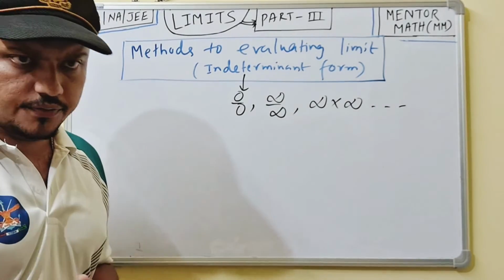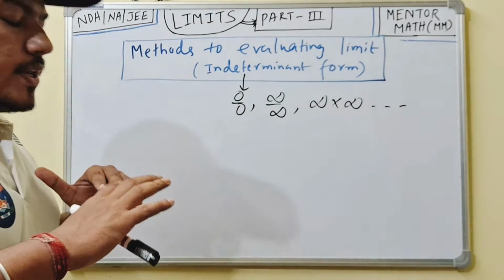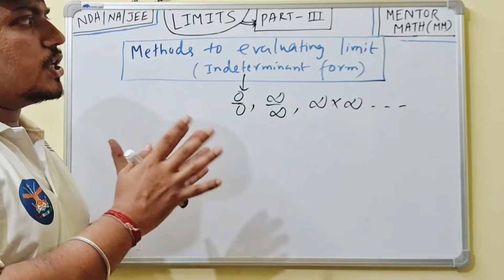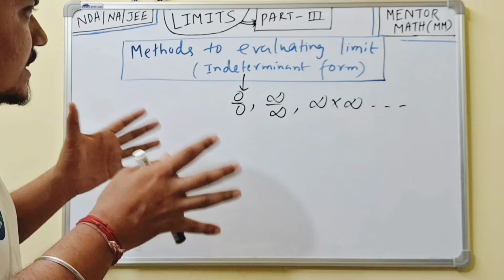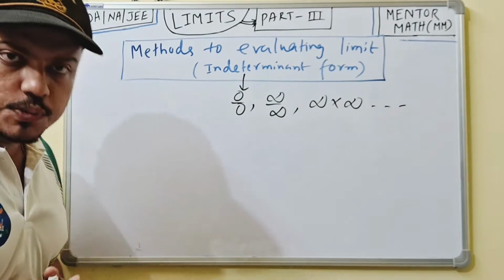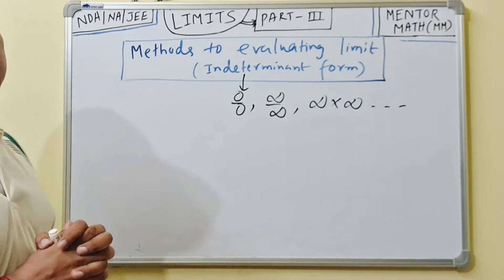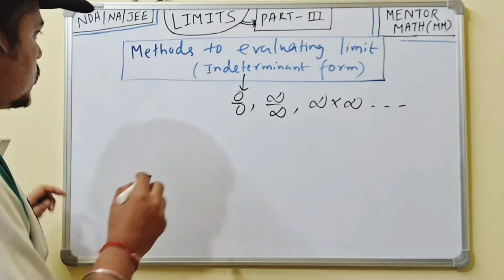If the question contains this type of form, how do we find the limiting value? In that situation there are some methods, and now we are discussing those methods. First of all, the first method.